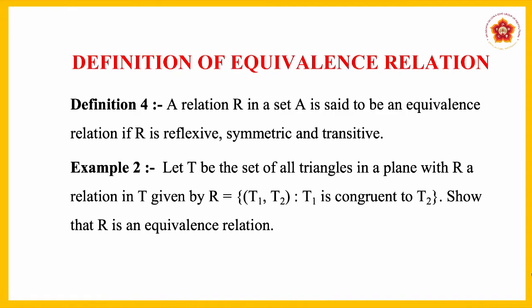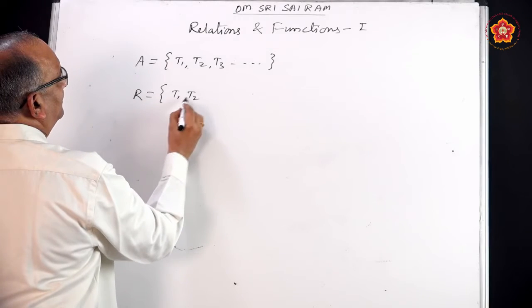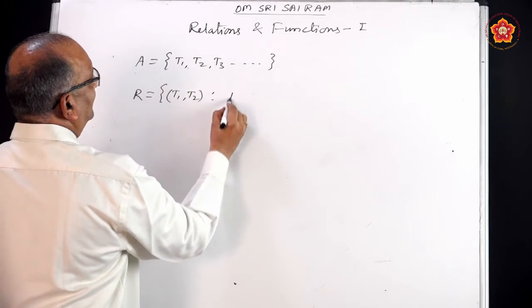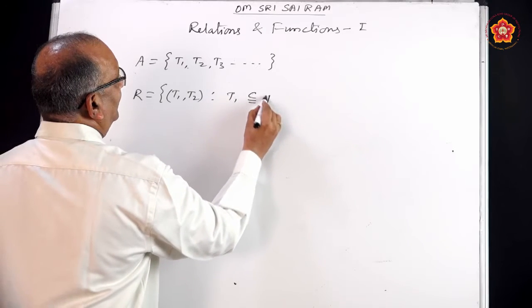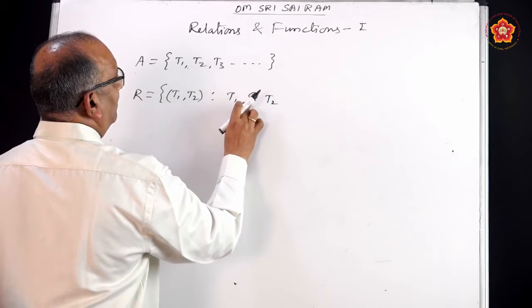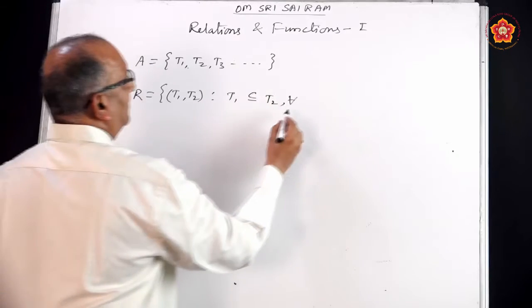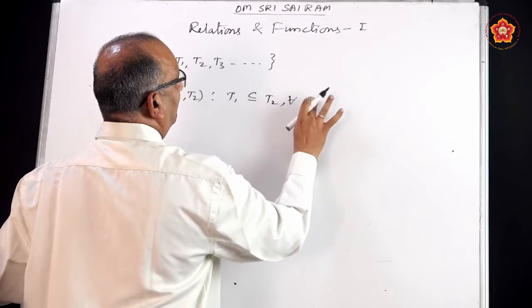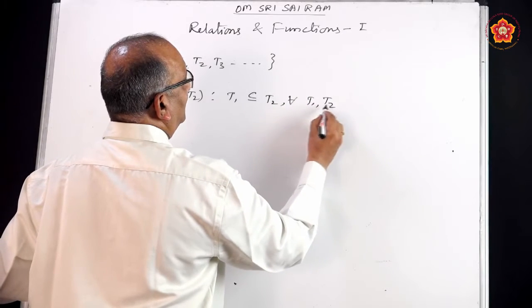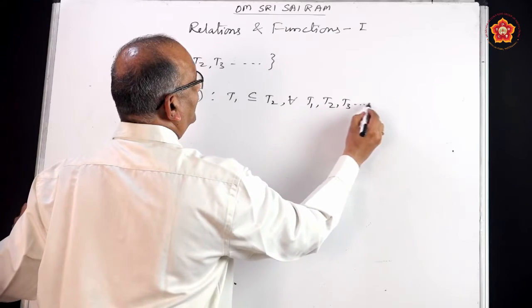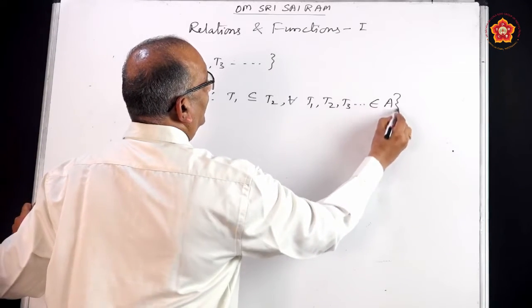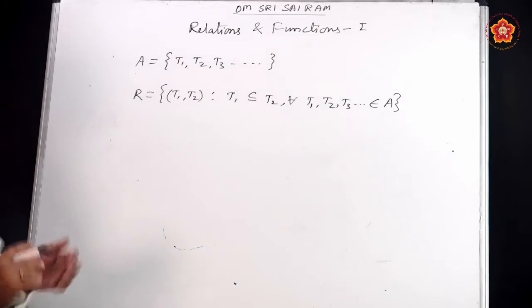How does he define? Let us say R is defined as T1 comma T2 such that T1 is congruent to T2, for all T1, T2, T3, etc. belonging to the set. It is true for all the elements of the set.